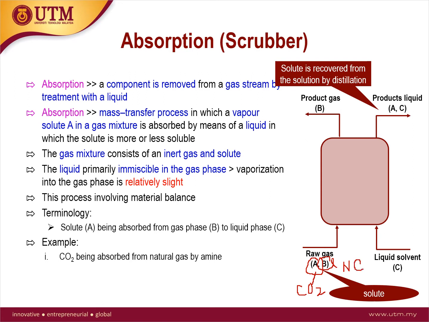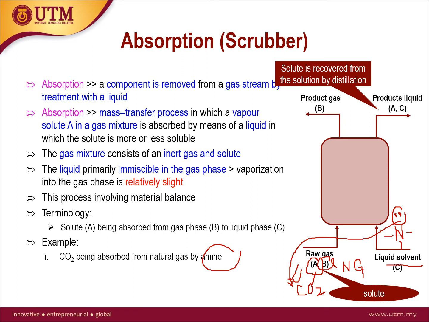In order to separate CO2 from natural gas, the liquid solvent must have high affinity or high chemical potential to CO2. In industry, the common liquid used to separate CO2 is known as amine, because amine consists of nitrogen that has the dotted pole here in order to attract CO2 by using the covalent bond.